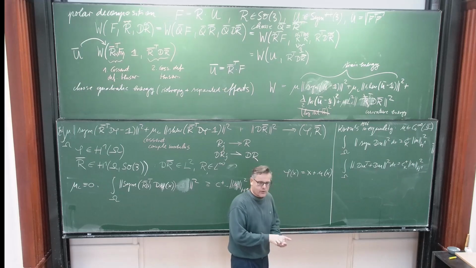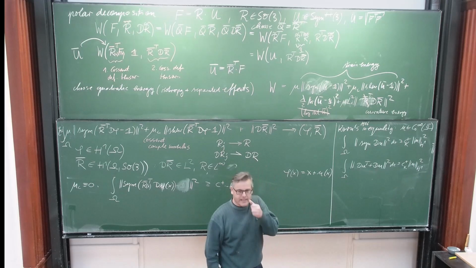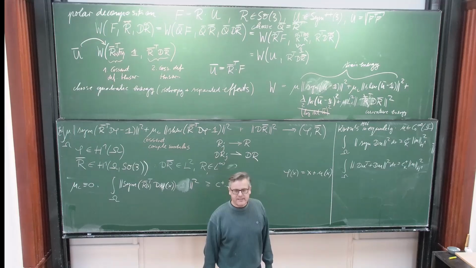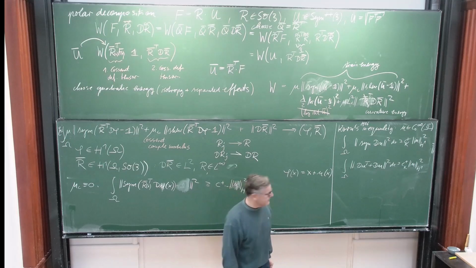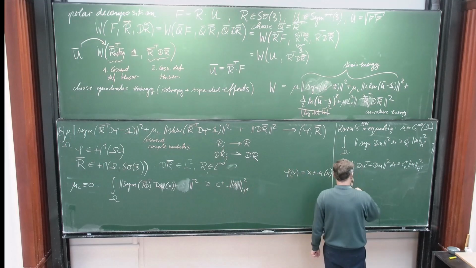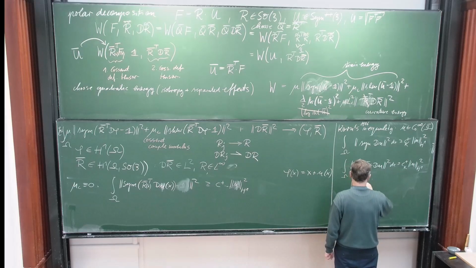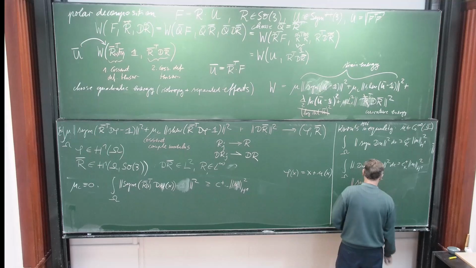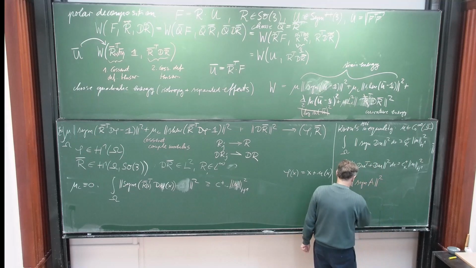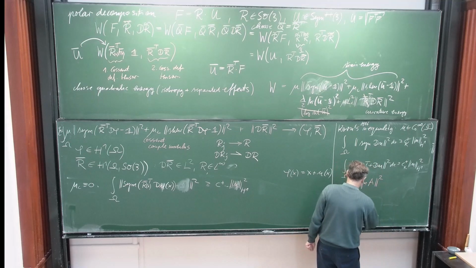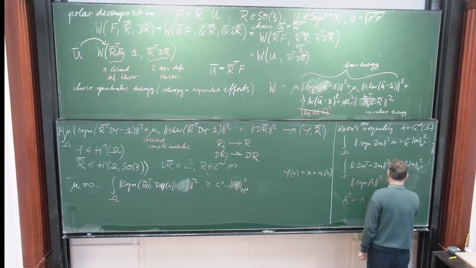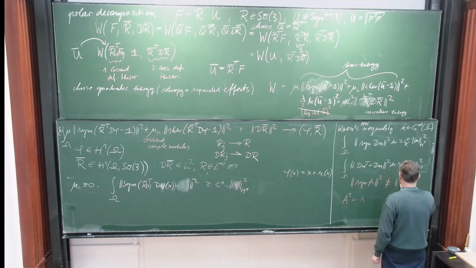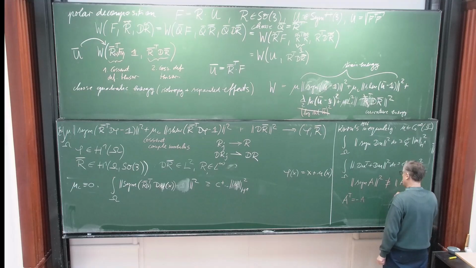I recall for the audience why it shouldn't hold. Because it doesn't hold locally. You can have a skew-symmetric matrix, A transpose equals minus A, and you take the symmetric part of a skew-symmetric matrix. And of course, this can never be bigger than A. And there is no constant to do that.